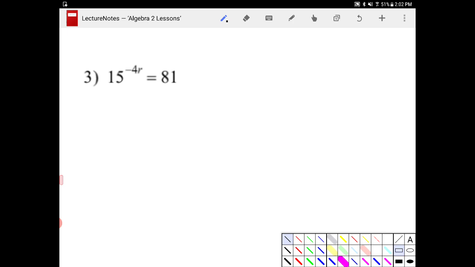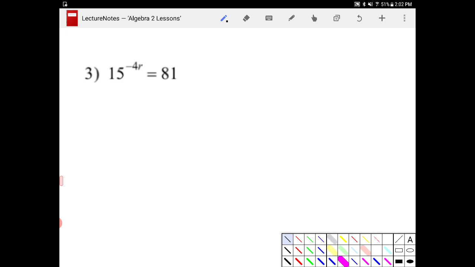So what we're going to do, recognizing that logarithms are the inverse of an exponential function, is apply logarithms. However, we're not going to apply logarithm of base 15, but instead logarithms of either base 10 or base e.